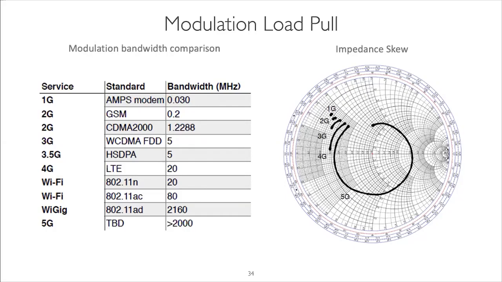Before, why were designers and test engineers not too worried about this? Because the skew was just a few degrees. But as LTE came on board, we're talking about 5, 10, 20, 40 megahertz, and dual carrier LTE. All of a sudden the bandwidths over which we present the impedance are being skewed, and you're not really presenting a real scenario to your device.